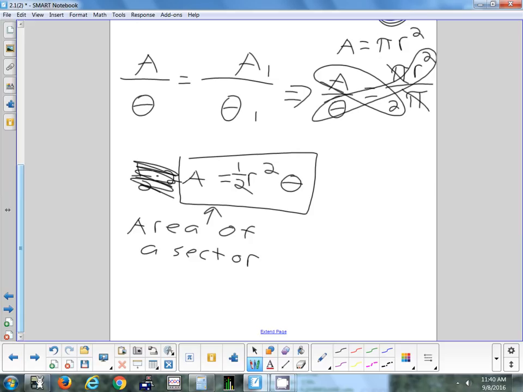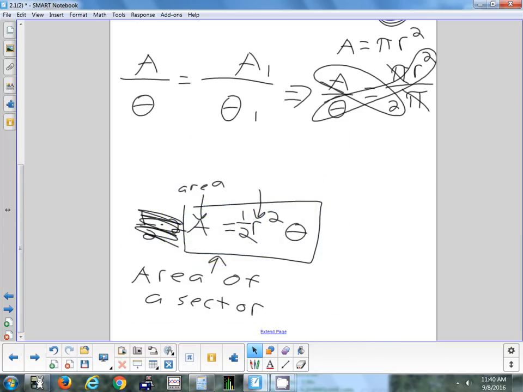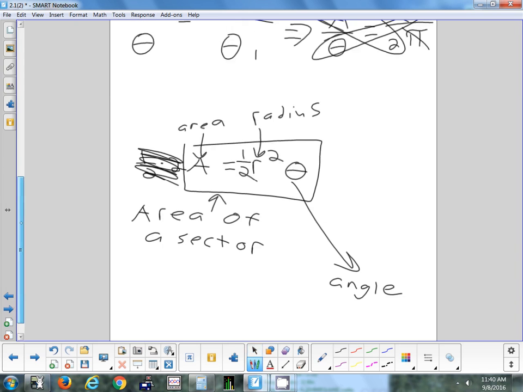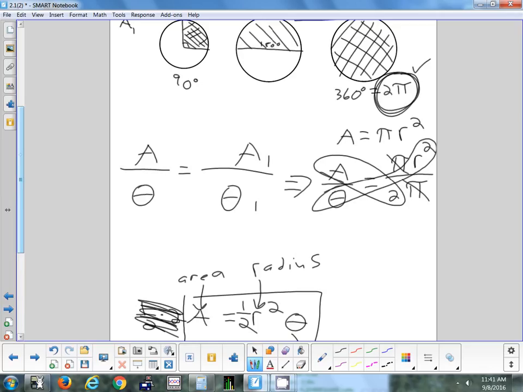Okay, in each letter, what they stand for. A is your area. What do you think R is? Radius. Yep, R is your radius. And what about theta? That's your angle. And just like we did last time, look at what we assumed way back at the beginning.